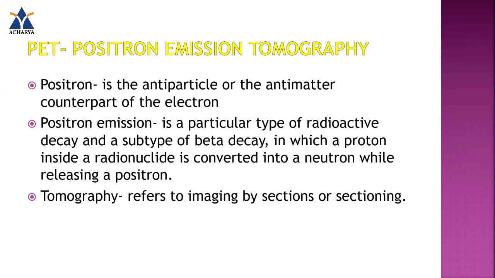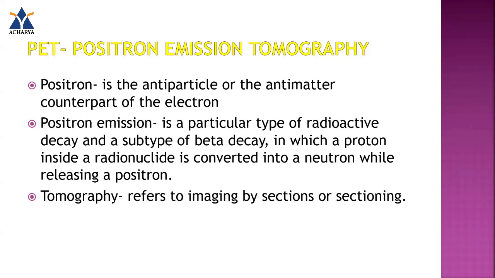Then emission, what is the emission? It is a particular type of radioactive decay, or subtype of beta decay, in which a proton inside a nucleus is converted into a neutron while releasing a positron. A proton has a positive charge. It is converted into a neutron by releasing its positive charge out.